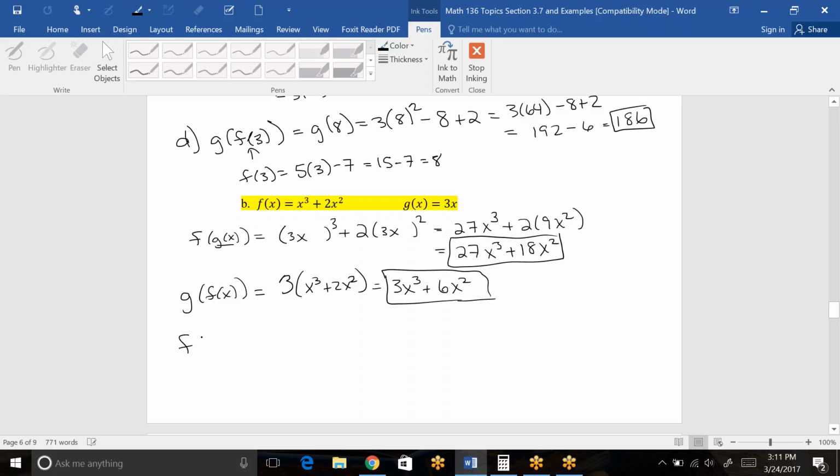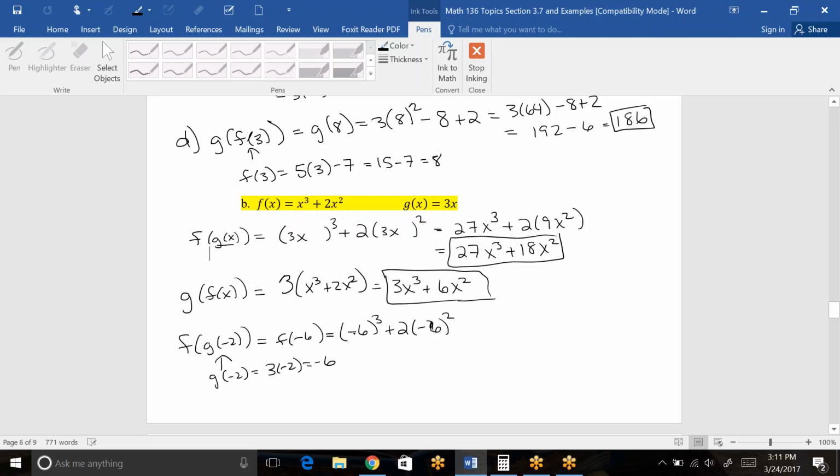We needed to do f of g of negative 2. So I'll find g of negative 2 first. That would be just negative 6, it looks like. So I'm doing f of negative 6, which is negative 6 cubed plus 2 times negative 6 squared.